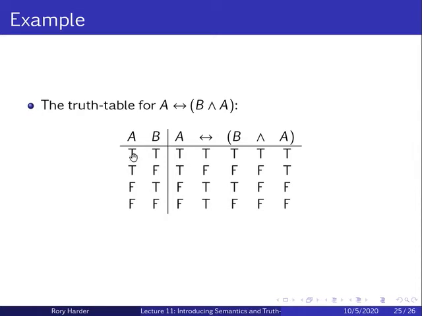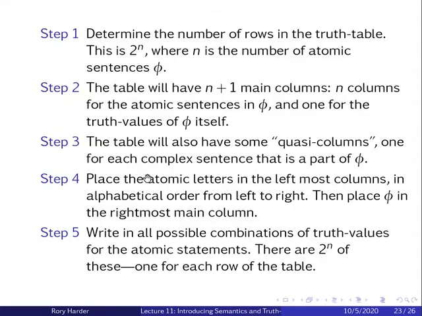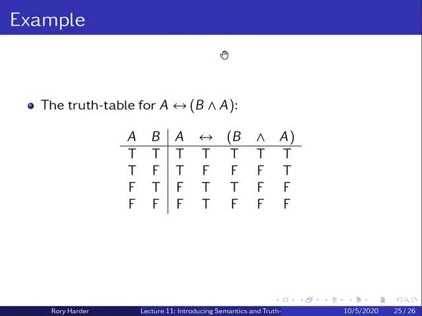And we know there's only going to be 4 rows because, as was given here, the number of rows is 2 to the power of n, where n is the number of atomic sentences. And there are only 2 atomic sentences, A and B. So A occurs twice, but that doesn't mean that there are 2 different A's, right? There's only one atomic sentence A which occurs in here. It just occurs multiple times.